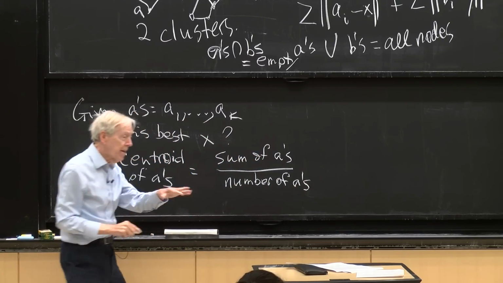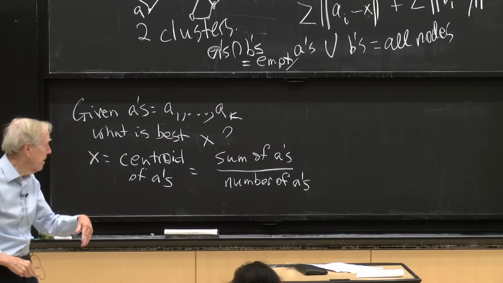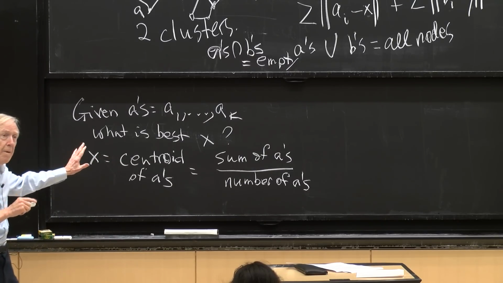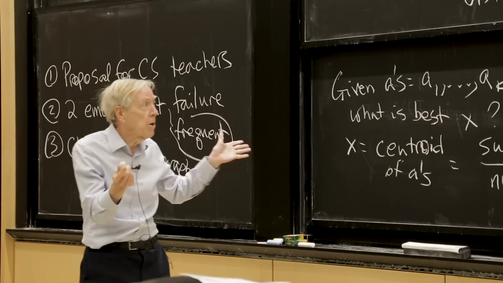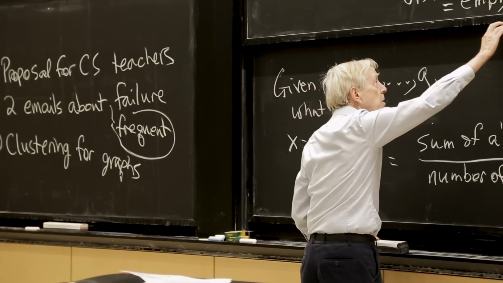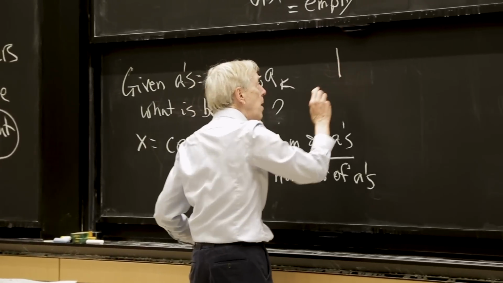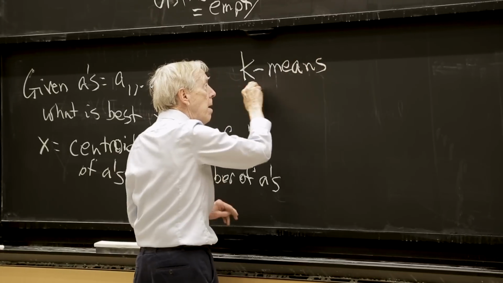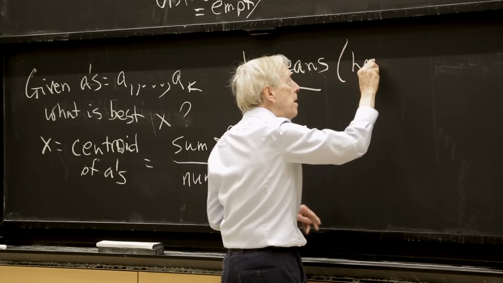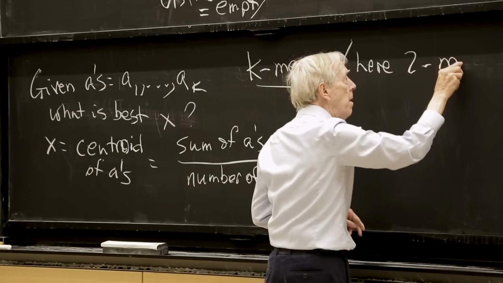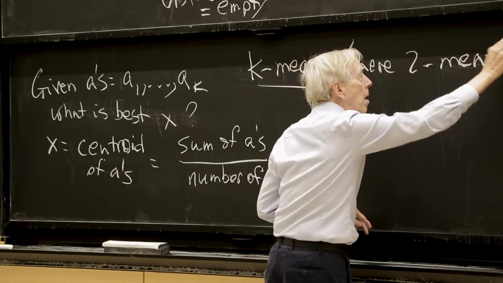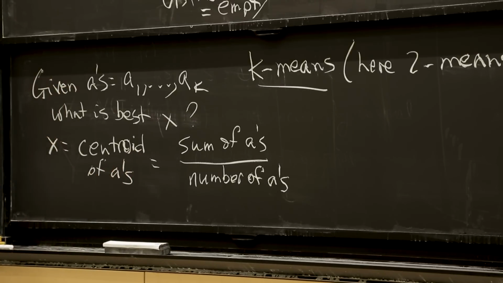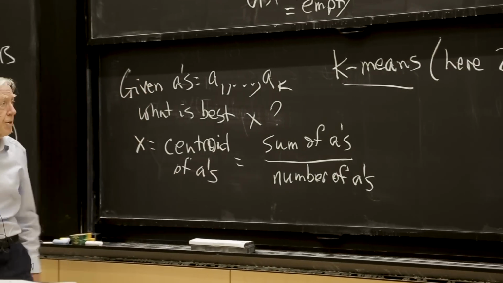I think. Actually, I was just quickly reviewing this morning, so I'm not totally on top of this centroid. The algorithm that I'm going to talk about is k-means, it's always called. And here the k will be 2. I just have two sets, A's and B's, so k is just 2.